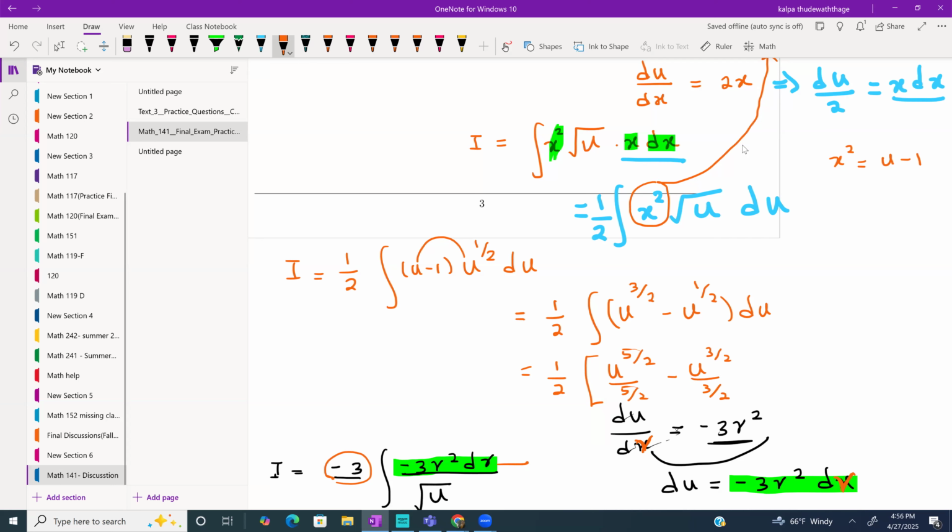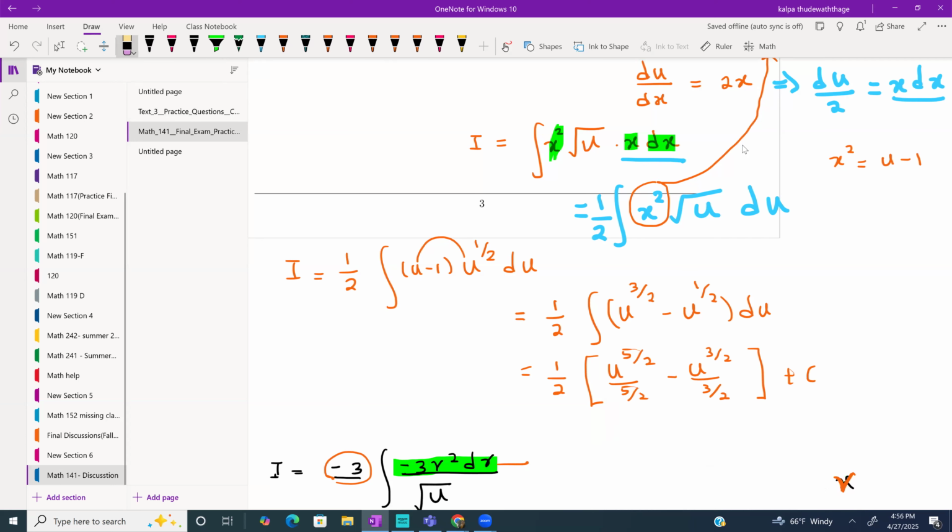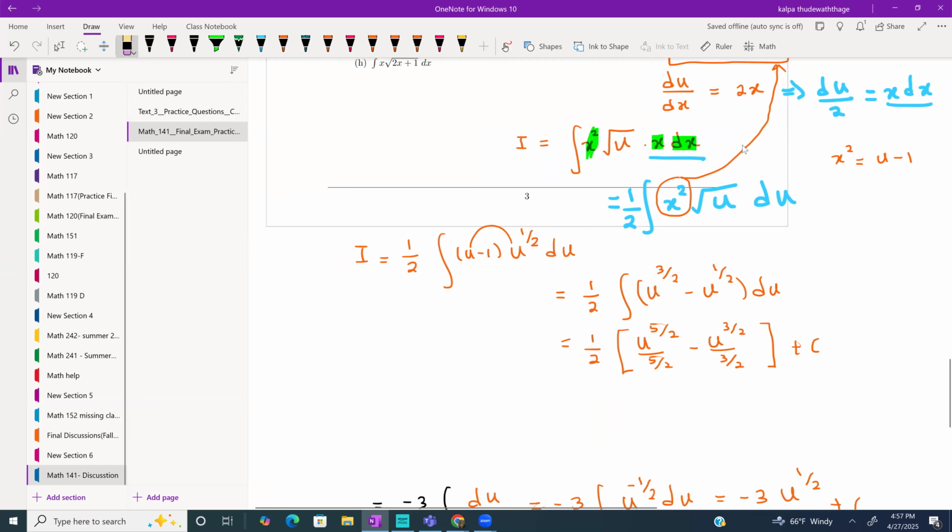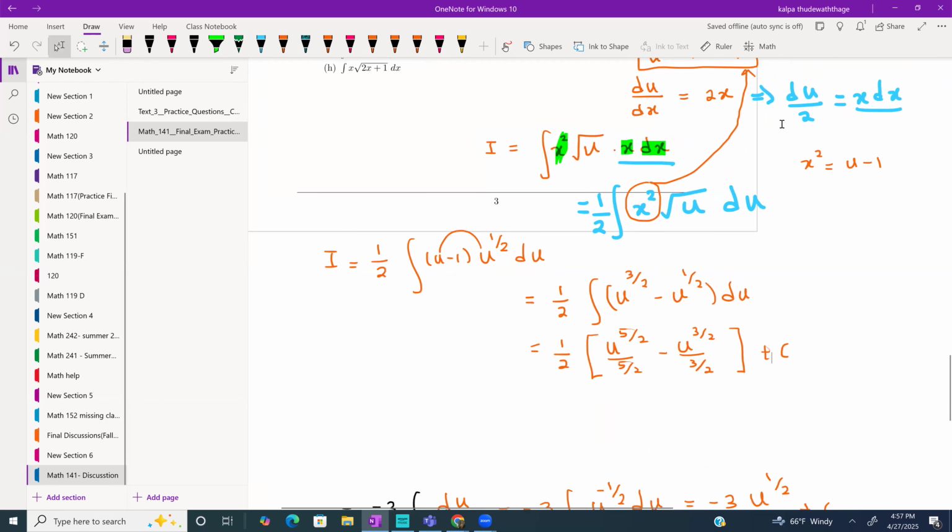Two cancels out with this. It's like u to the power 5 over 2 over 5, minus u to the power 3 over 2 over 3, plus an arbitrary constant.